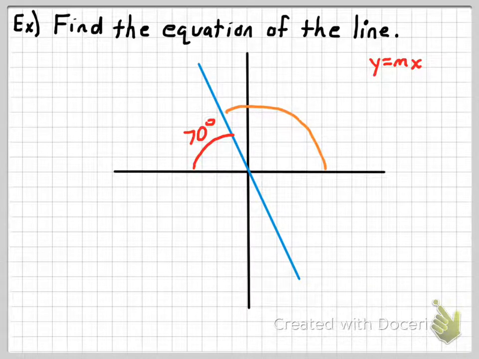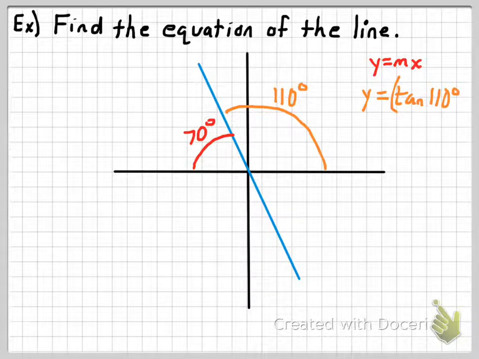And so in this case, that would be 110 degrees. You see where I'm getting 110 degrees from? So we could say that the equation of this line would be y equals the tangent of 110 degrees times x. Very simple, right?